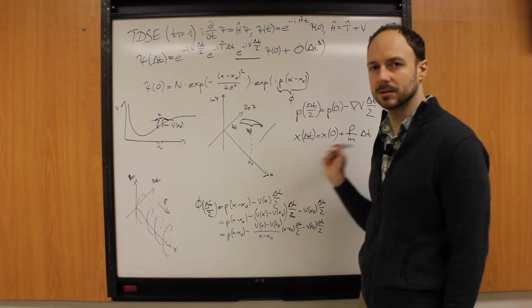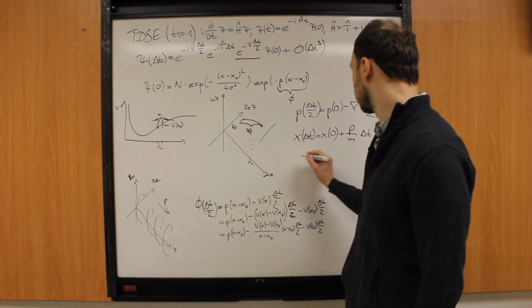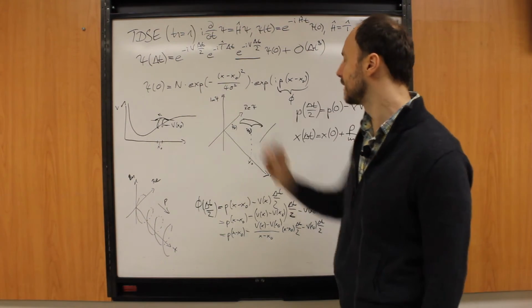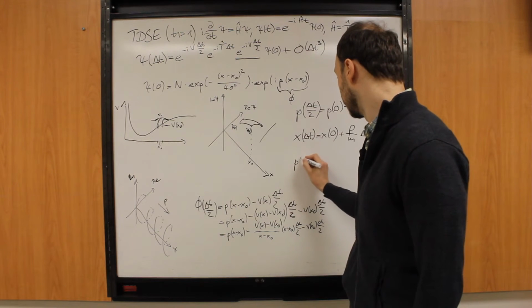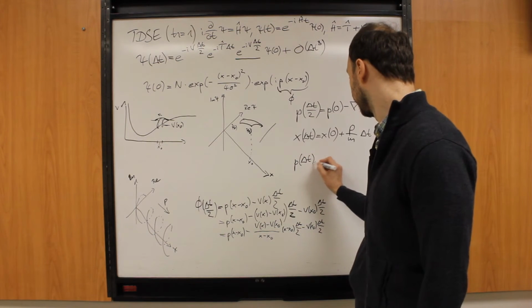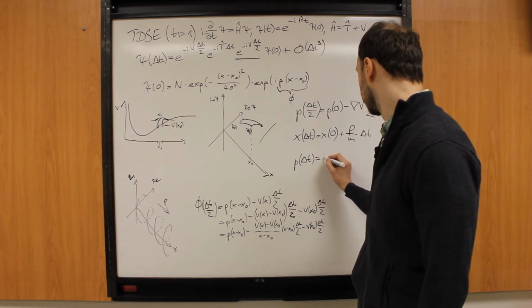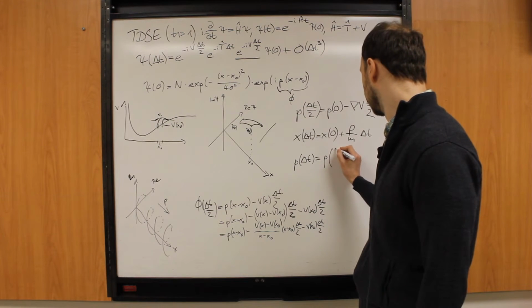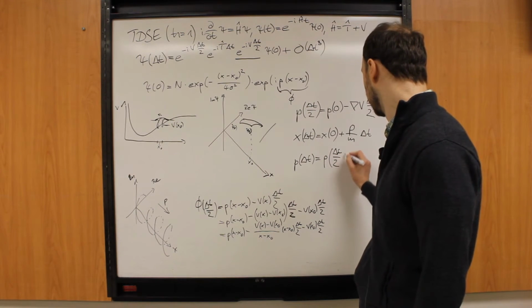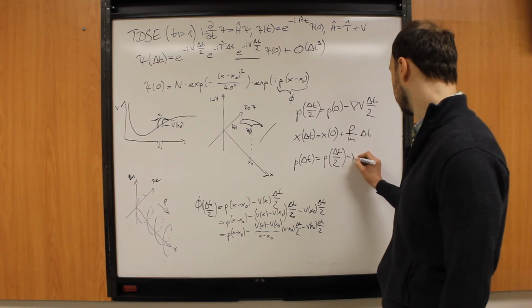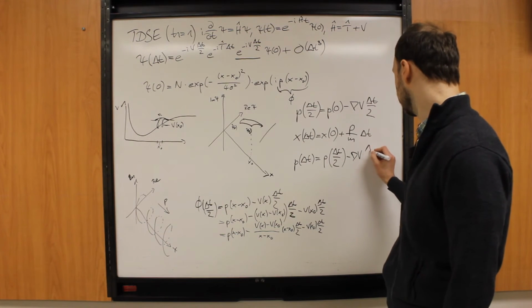And this is in fact just Newtonian mechanics. And then finally we do another half time step and we get p of delta t equals p of delta t over 2 minus the gradient of v delta t over 2.